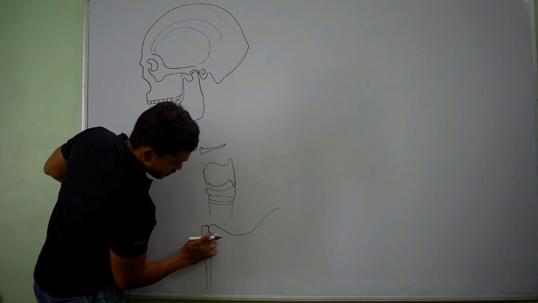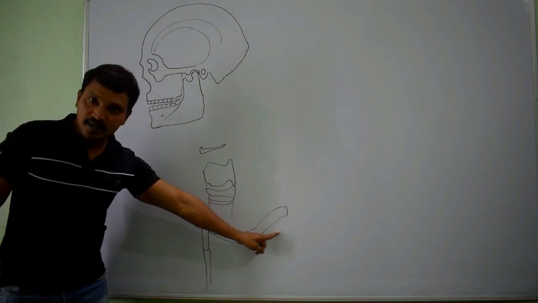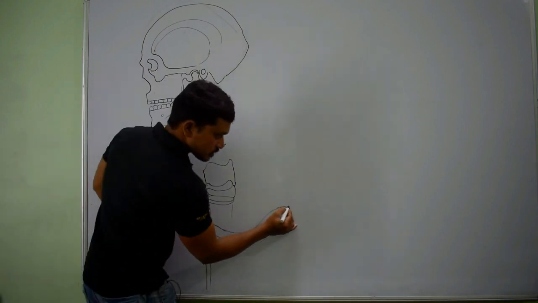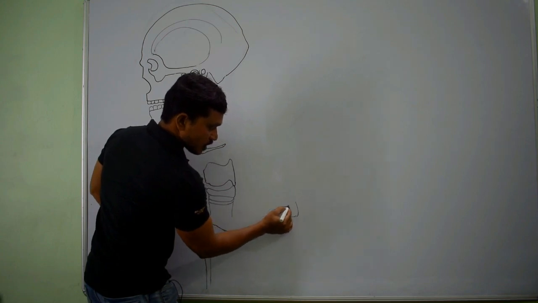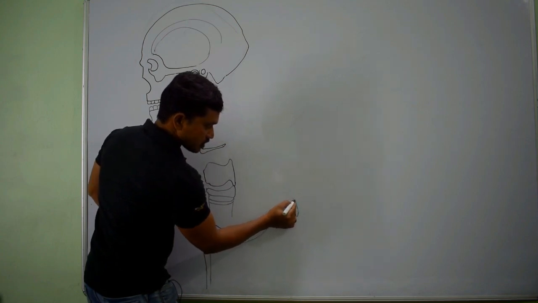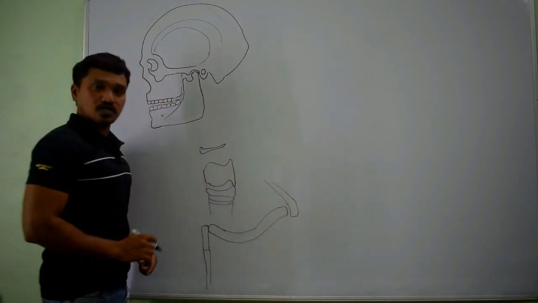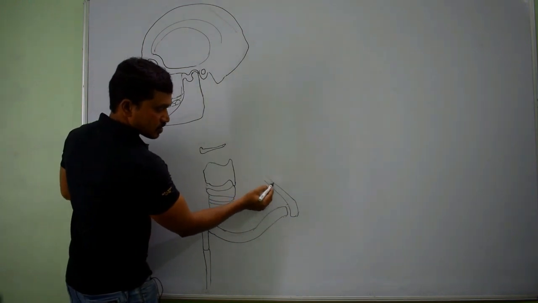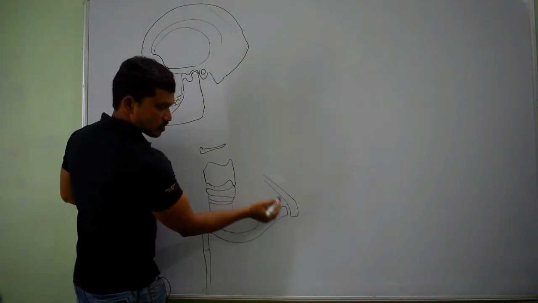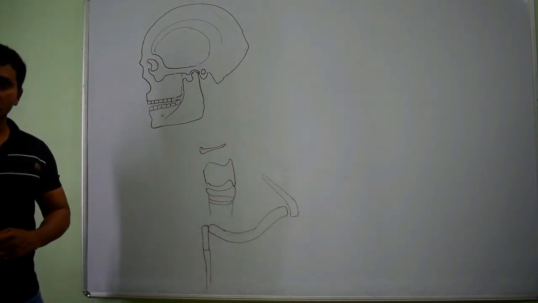The lateral end of the clavicle articulates with which bone? Acromion process. The acromion process continues as the spine of the scapula. So here is the spinous process of the scapula.